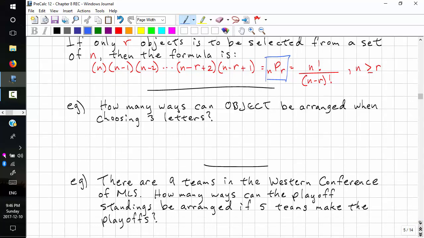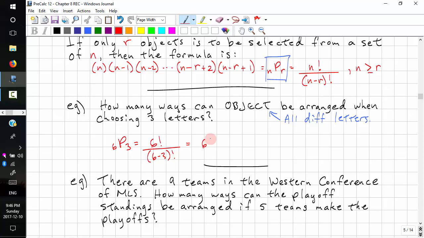So let's look at an example. How many ways can OBJECT be arranged when choosing 3 letters? All different letters. So there's 1, 2, 3, 4, 5, 6 letters, and we're picking 3 of them. So this is 6 factorial over 6 minus 3 factorial.